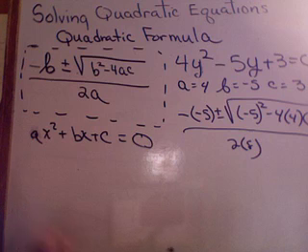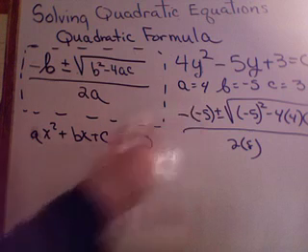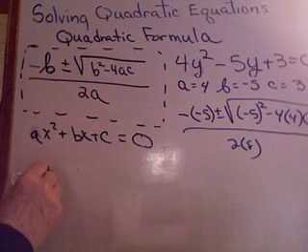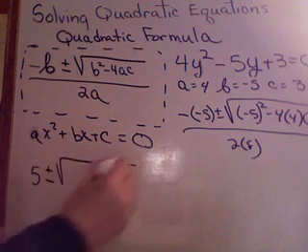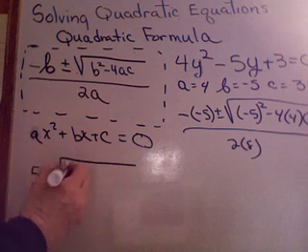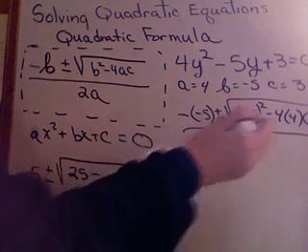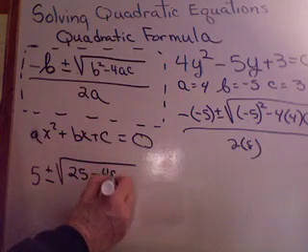Now that I have that, I'm going to simplify it. Let's move over here. So that gives me a positive 5 plus or minus the square root. What do we get inside here? 25 minus 4 times 4 is 16 times 3, 48.